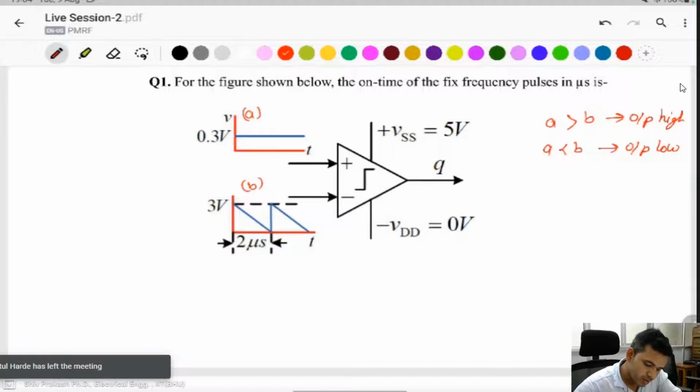Here they asked the on time. What is the on time of this signal?